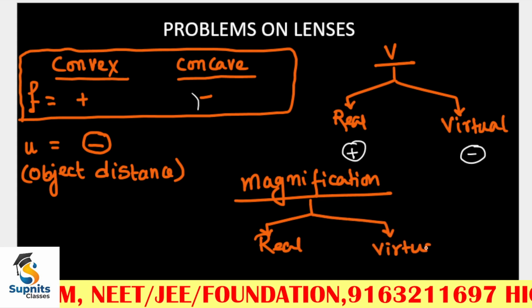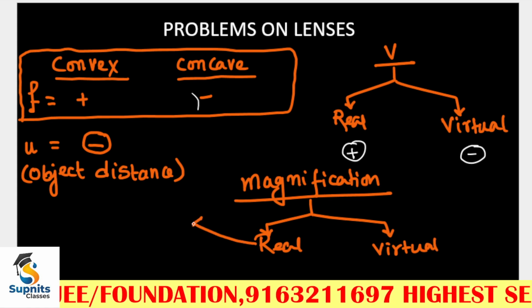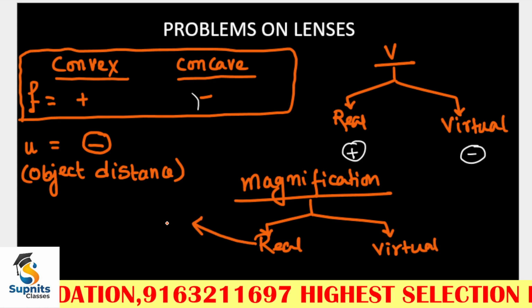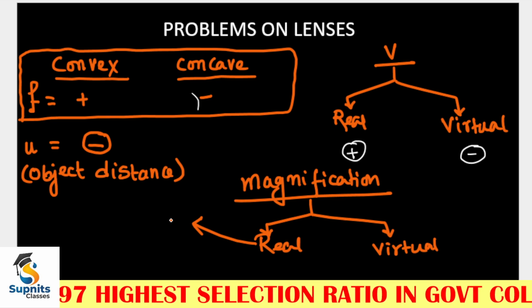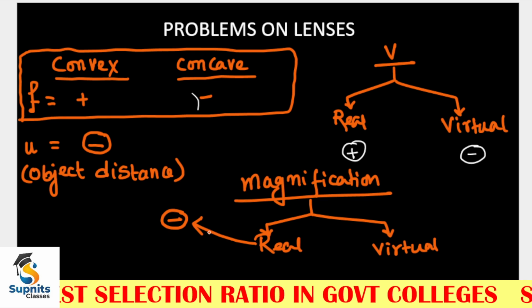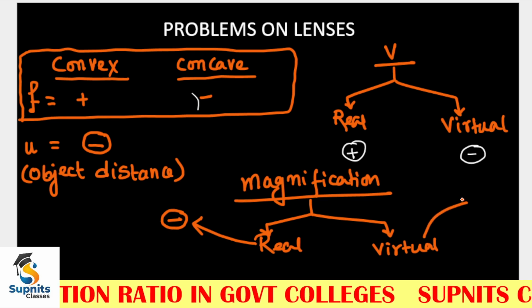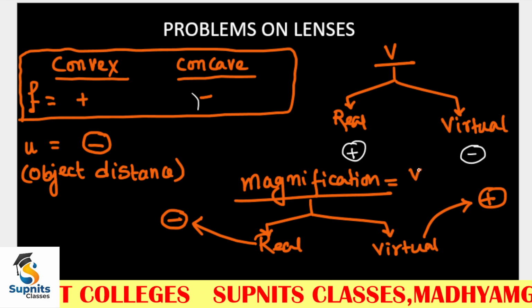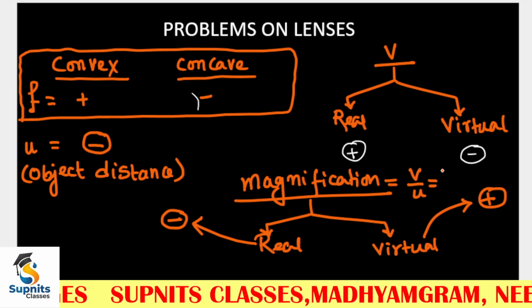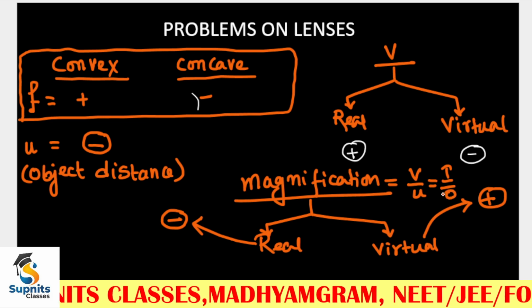If the image is real, then definitely the image will be inverted. In case of inverted image, magnification is negative, and if the image is upright, then magnification is positive. And what is the formula for magnification? V by U is also equal to I by O.